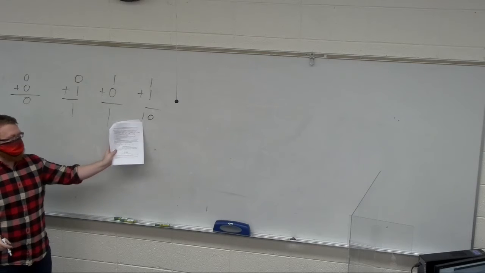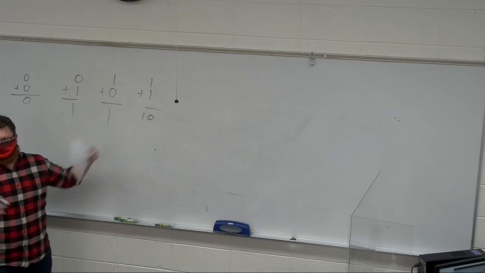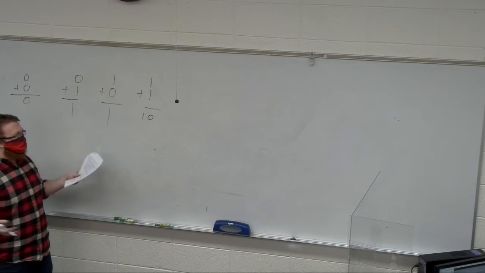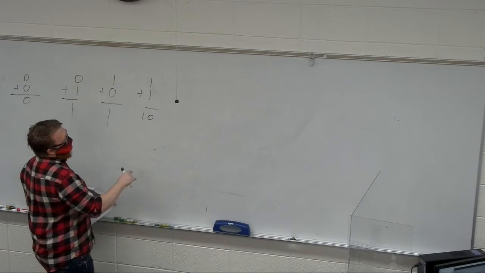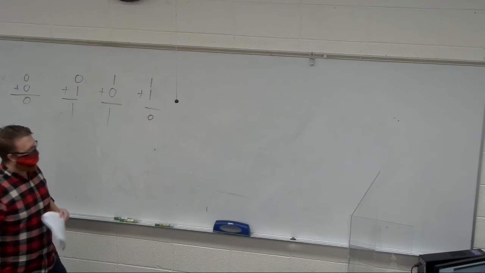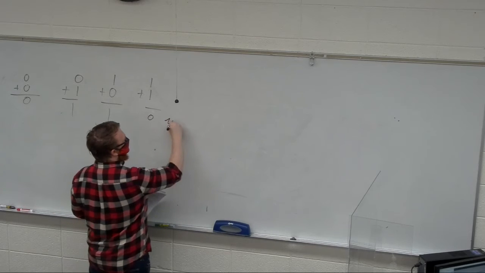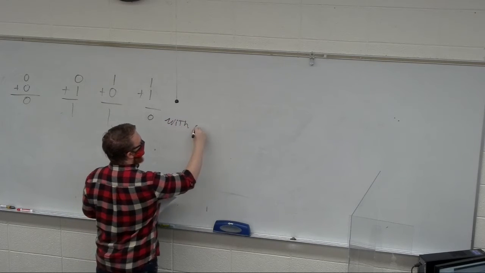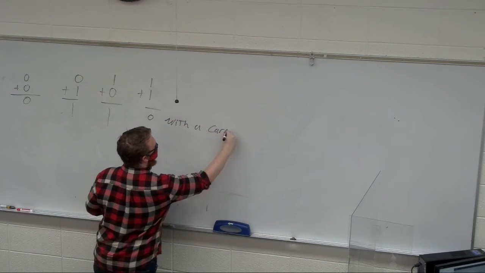So we added 1 bit so we can get 2 bits. Just like if you had 2 bits, you could get 3 bits. Two 2-bit numbers, you get 3 bits. What we do though instead is we call this 0 with a carry.